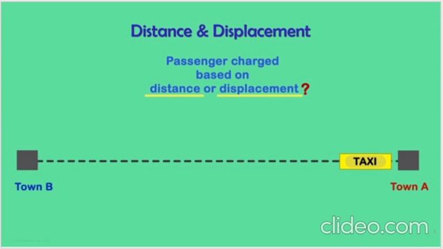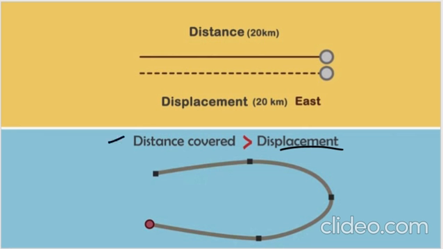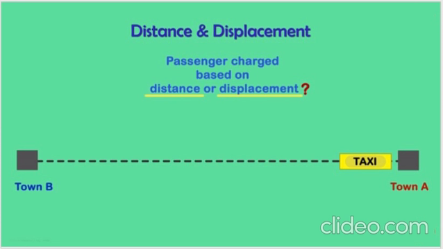So are passengers charged based on distance or displacement? Whenever you go in a taxi, bus or anywhere, what do they use, distance or displacement? Obviously they take the distance, because we know that distance is more, it covers more. So when the distance is more, they get more money, so they charge on the basis of distance only.